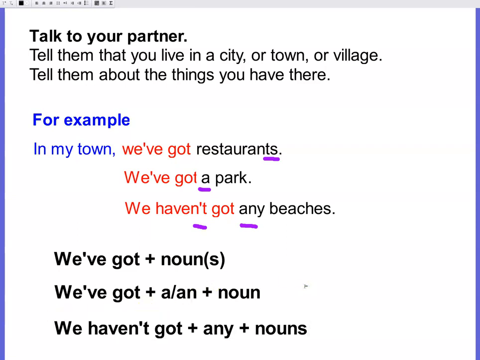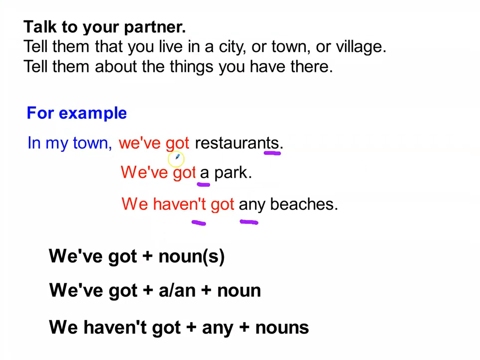So you can elicit this from your students. You can model and drill. We've got restaurants, we've got a park, we haven't got any beaches, so you can show them where the sentence stress is. We've got restaurants, we've got a park, we haven't got any beaches.